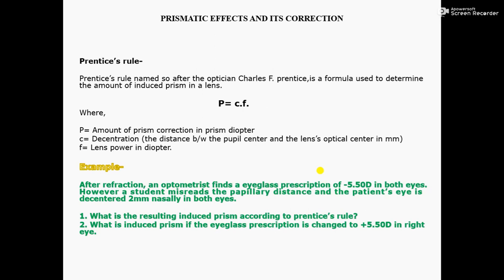The eye is decentrated towards the nose by 2 millimeters in both eyes. So, number 1: what is the resulting induced prism according to Prentice's rule? Number 2: what is the induced prism if the eyeglass prescription is changed to plus 5.50 diopters in the right eye?